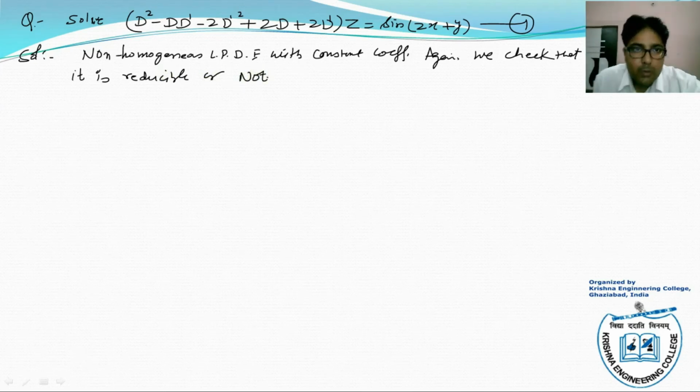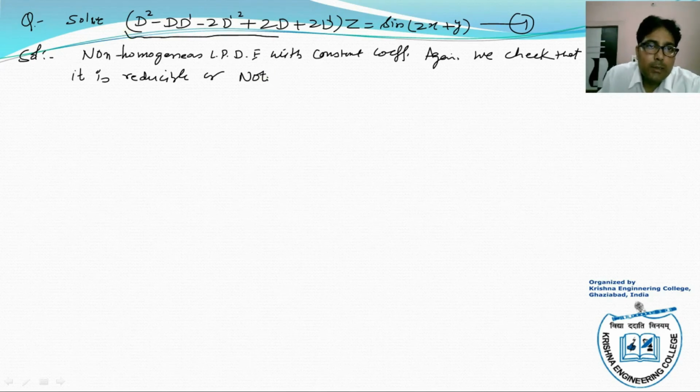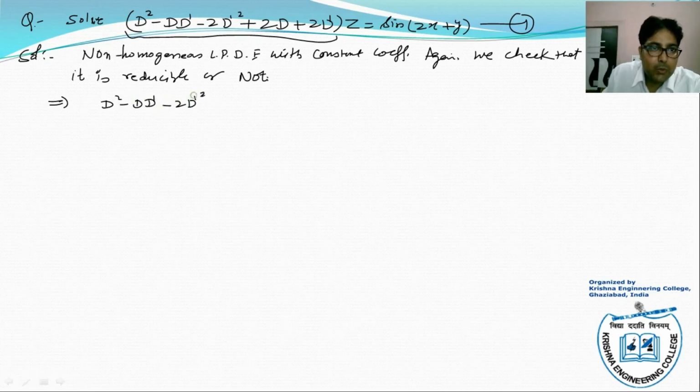For finding this, we try to factorize it: D squared minus DD' minus 2D'^2 plus 2D plus 2D' z is equal to 0.